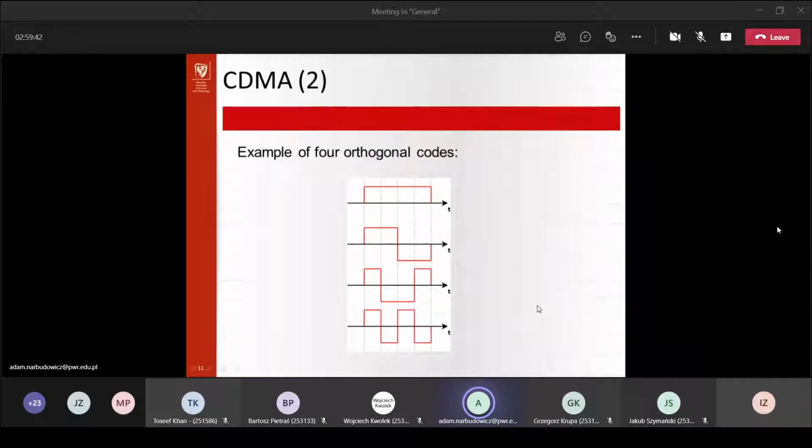When two functions are orthogonal, it's basically when you cannot create those functions by simply superposition of each other, right? So for example, if you look at the fourth function, it cannot be created just by adding and subtracting the 3 previous ones.